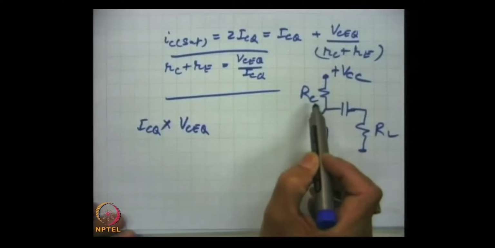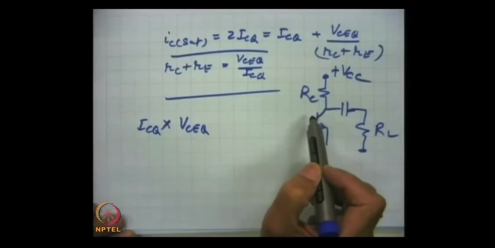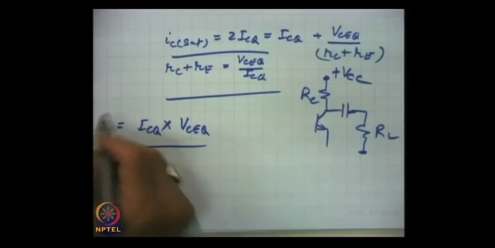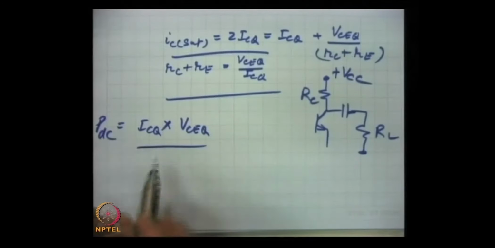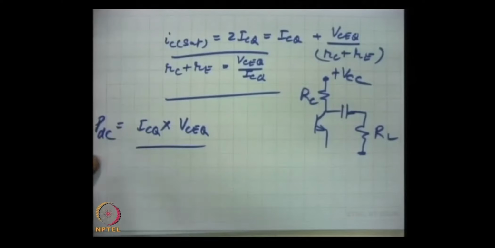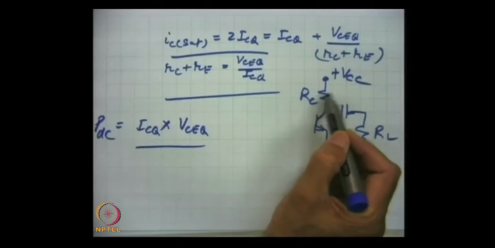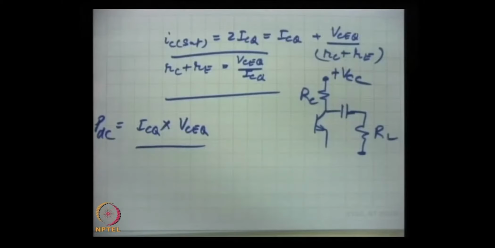If this resistance is replaced by the primary of a transformer, then this much power, which is half of the DC power, you remember DC power above we have seen is twice of this only. So, half power we are wasting in this RC, and this can be saved.